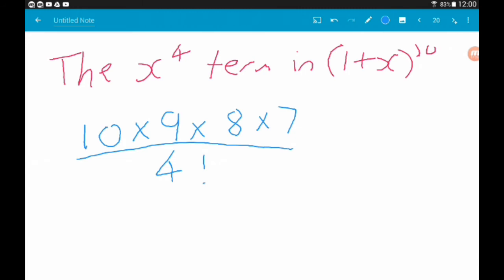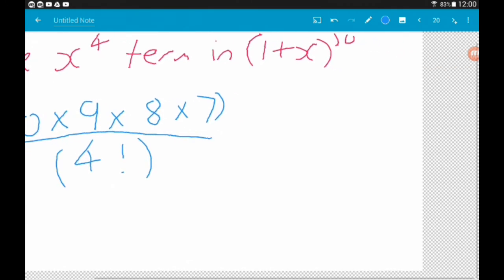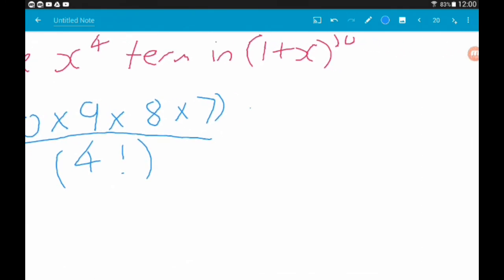So to turn 10 times 9 times 8 times 7 into a factorial, we would have to multiply by 6 times 5 times 4 times 3 times 2 times 1. So if we do that to the top, then we absolutely have to do it to the bottom as well.